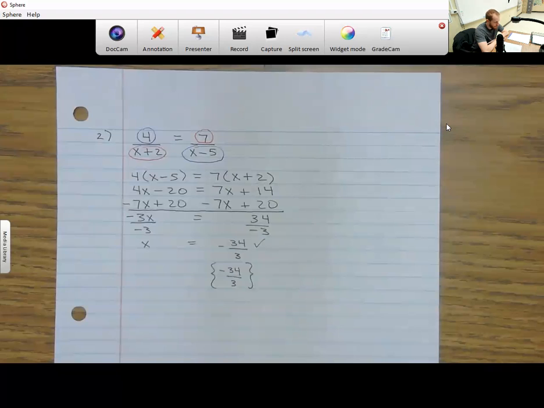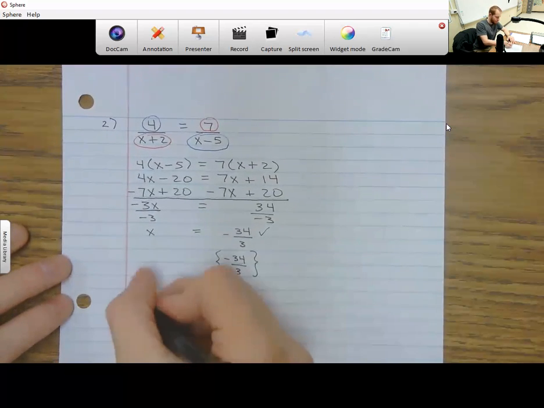What you're about to see is a fraction plus or minus another fraction. And whenever you're adding or subtracting fractions, ultimately you need to find a lowest common denominator. So here are a couple steps that you need to follow when you're solving rational equations. So let's take a look at those.